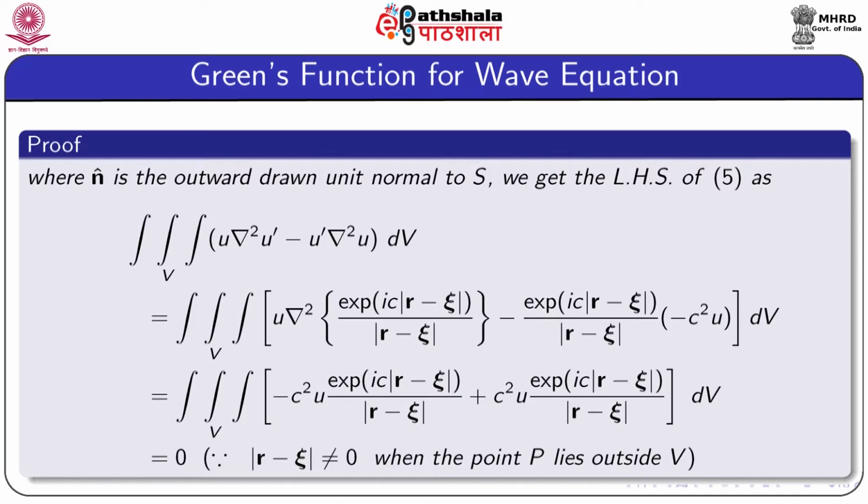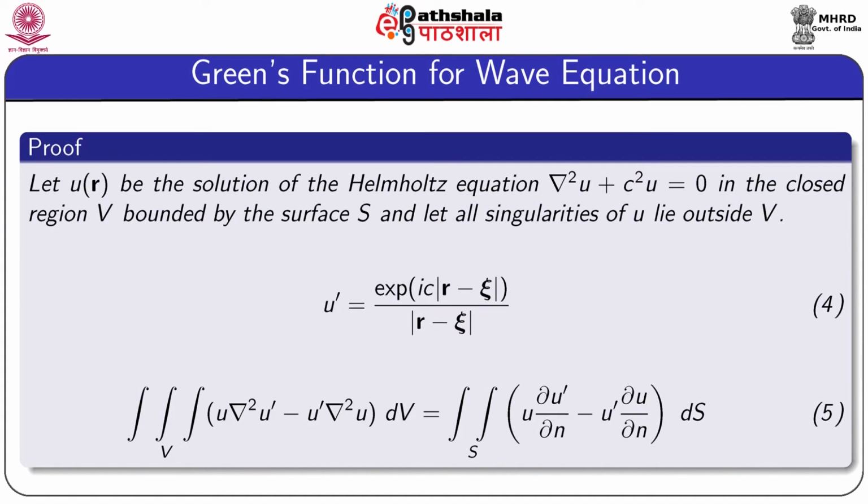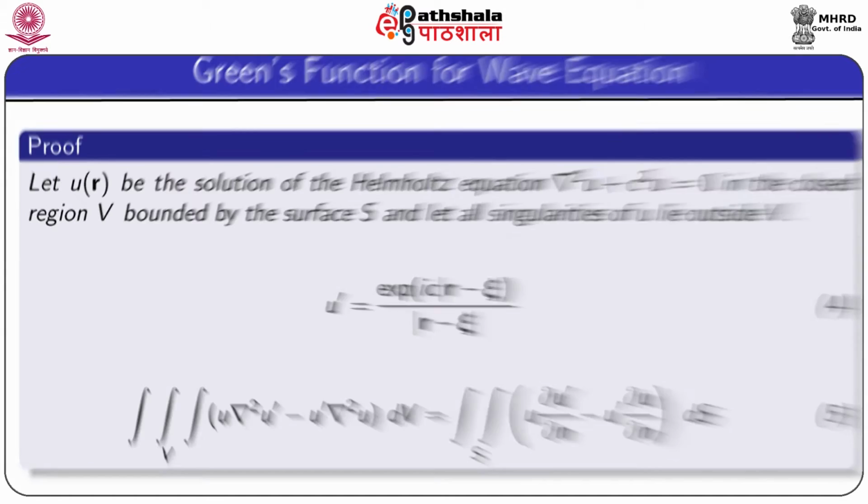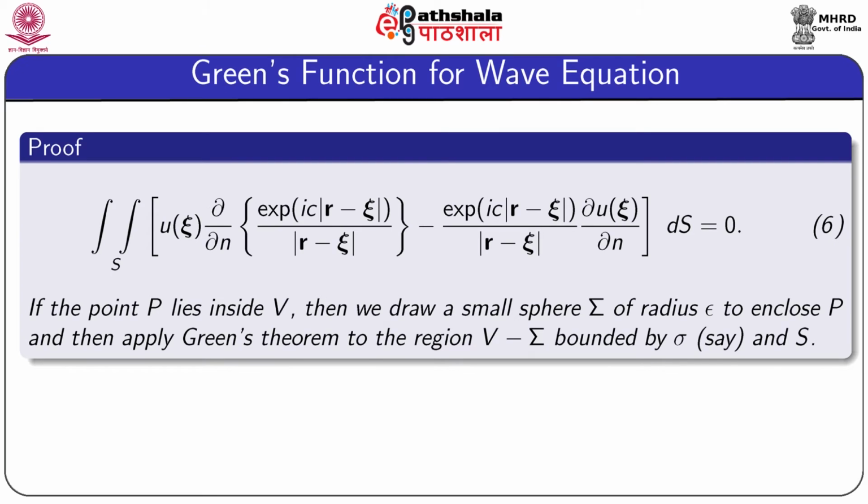So, these two terms cancel out and the value of the volume integral becomes 0. So, if we go back to equation 5, then the left hand side becomes 0 and the right hand side is the surface integral of u del del n of e to the power i c mod r minus xi by mod r minus xi minus e to the power i c mod r minus xi by mod r minus xi into del u del n.